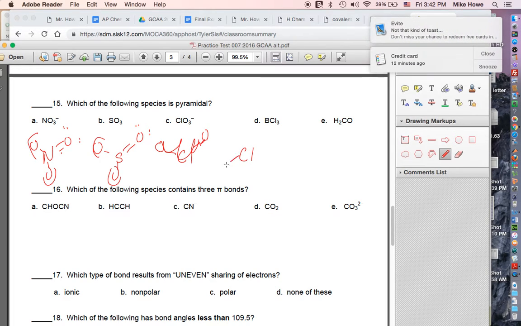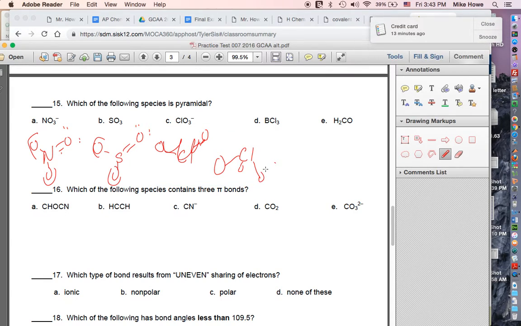Cl here, put the O on the bottom, O here, O here. Now of our 26, we've got 6 in the picture, so you got 20 to put in. When you put in 20, you'll have 6 here, 6 here, 6 here, and that's 18, 19, 20. So this unshared pair on the top makes it a pyramid.